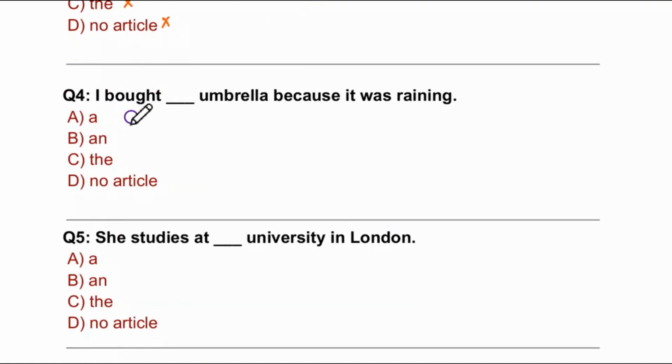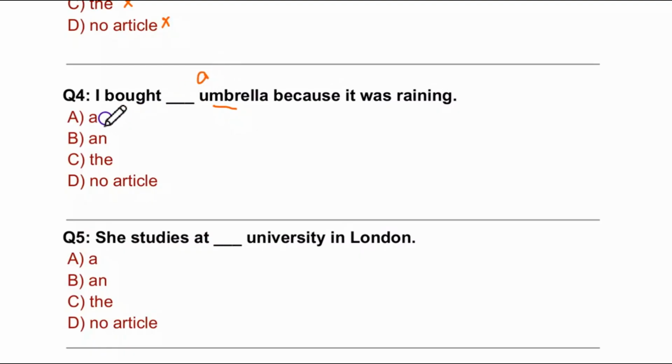Question 4. I bought dash umbrella because it was raining. The key here is umbrella. What sound does the first letter make? It's the uh sound.